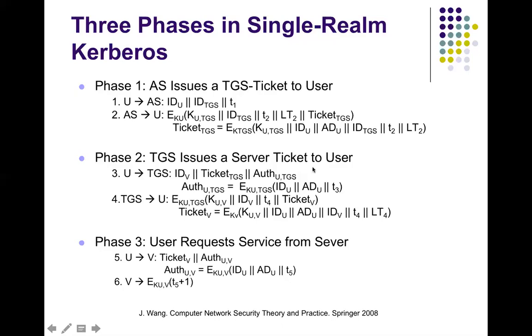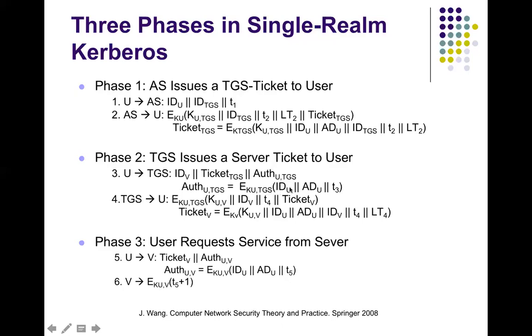But this phase two is whenever user U wants a particular service, the user reuses this ticket TGS. So this is to authenticate you to TGS. And then it also includes an authenticator between you and TGS.